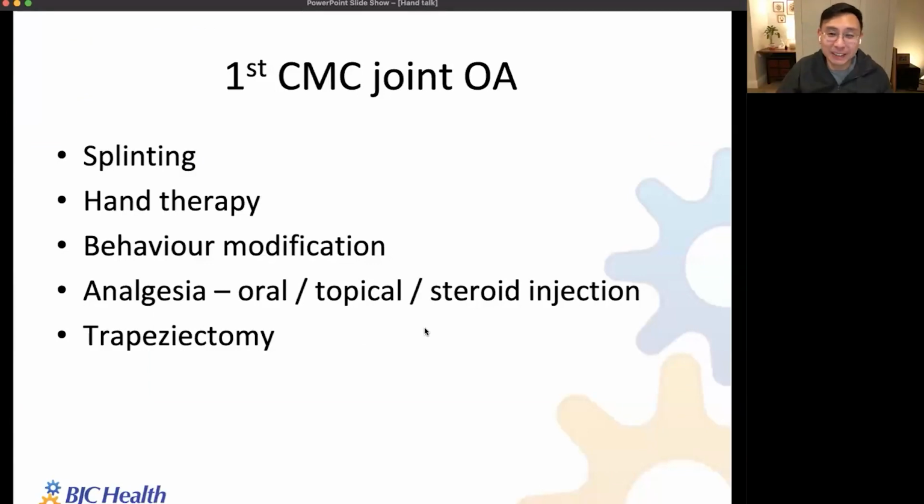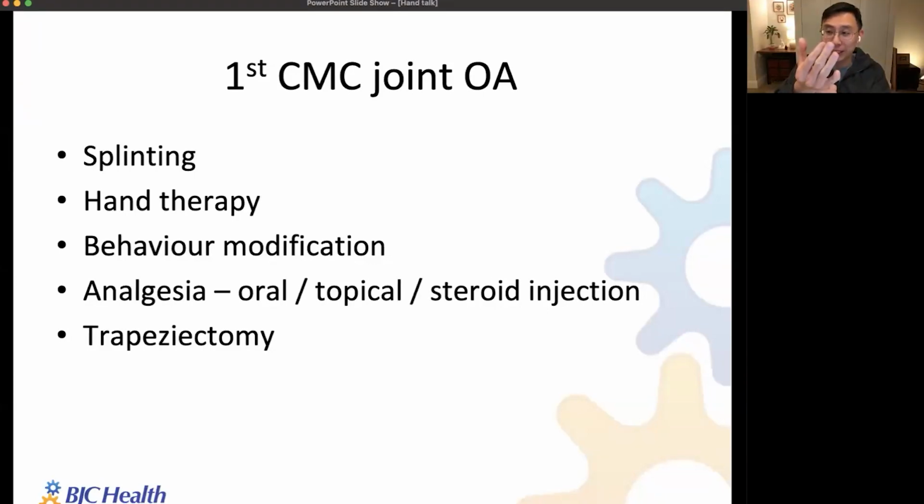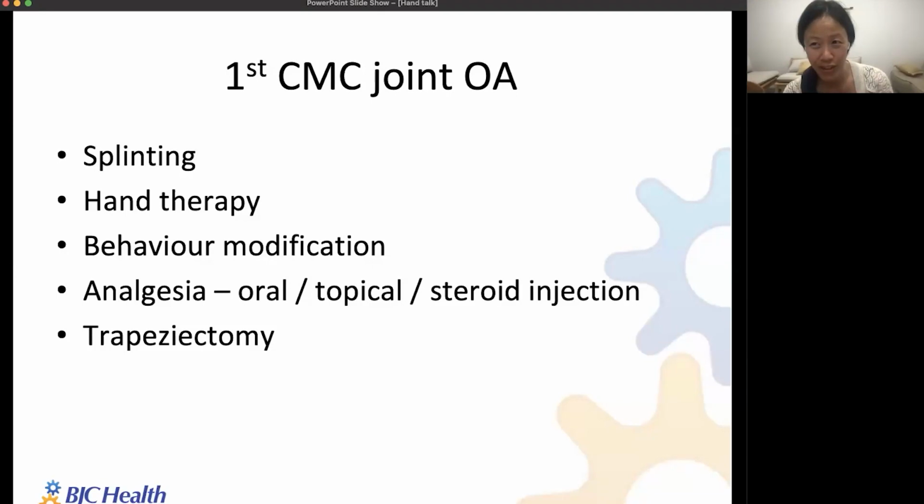Yeah. Okay, so Michele, can I ask you, if trapeziectomy is the absolute last resort, after the procedure, how much strength will a person lose? Quite a lot. Most people, when they have the surgery, probably only have maybe 3 or 4, maybe 5 kilograms of pinch strength, and they might only have about 2 or 3 kilograms afterwards. Wow. So it's pretty low.